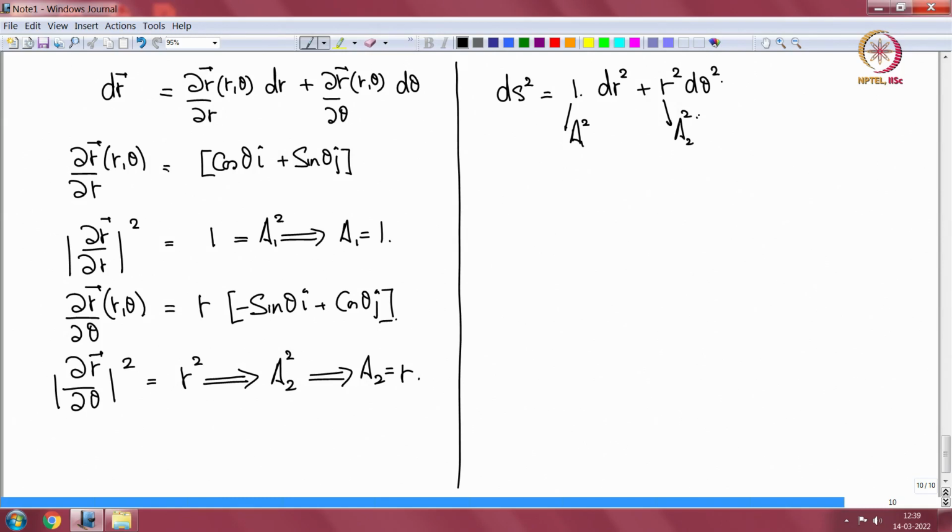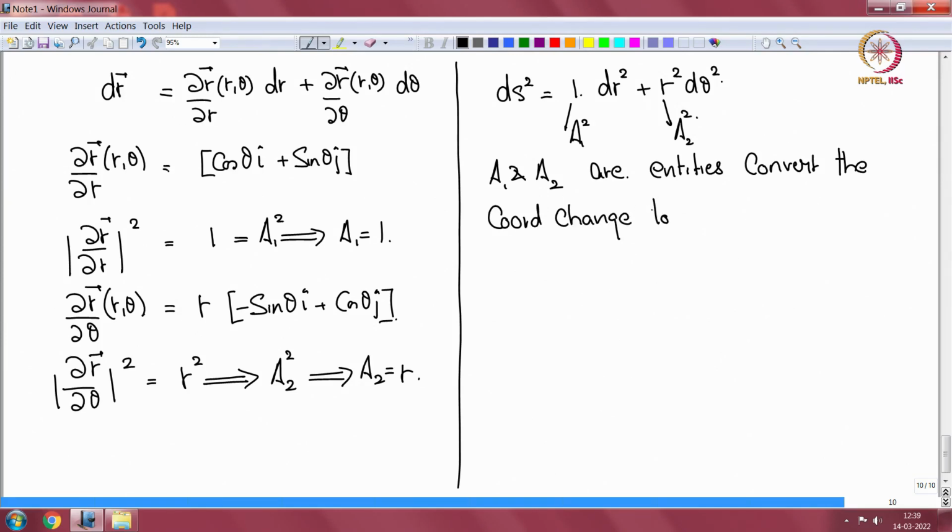So you can now see that this a1 and a2 are functions or entities that convert the coordinate change to a change in length.